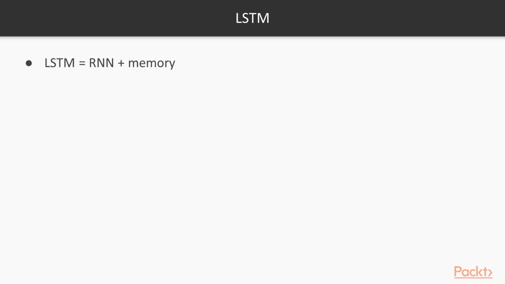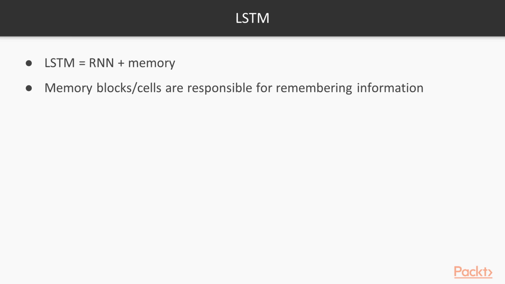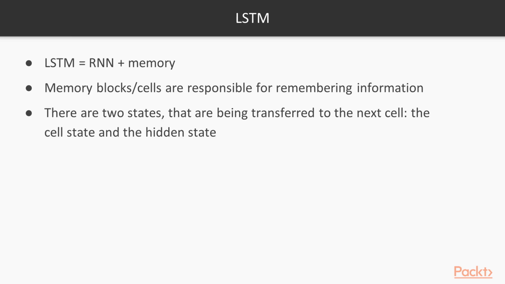But what exactly goes on behind the scenes in an LSTM? We know that an RNN has a memory, and LSTMs have a special kind of memory that is manipulated through gates. The memory cells are responsible for remembering the information, and there are two states that are transferred to the next cell: the cell state and the hidden state.